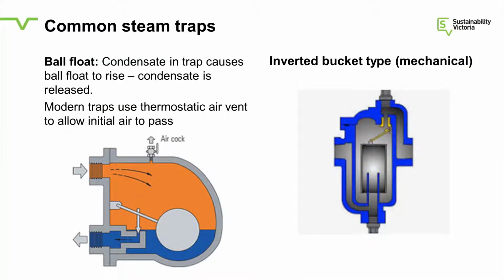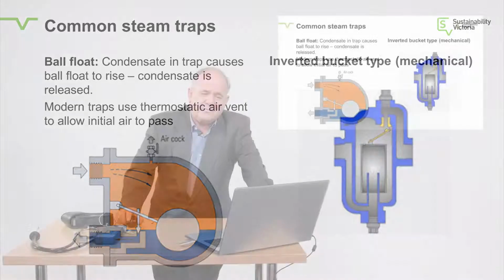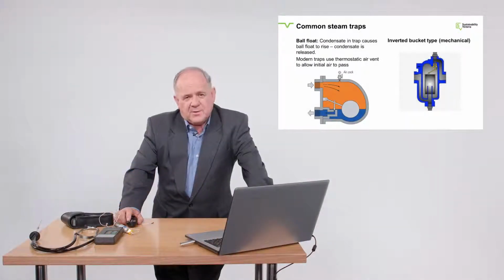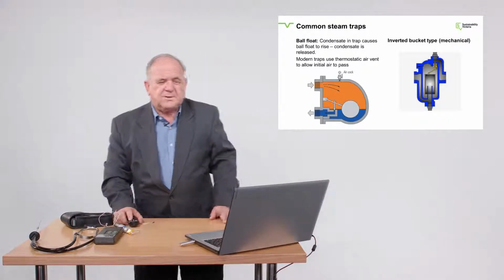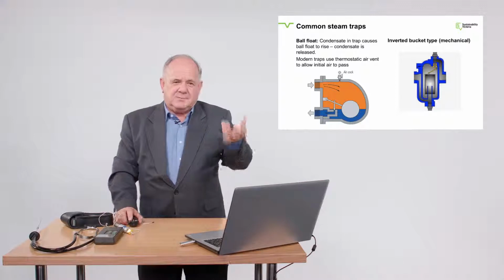I won't go into a lot of detail about traps, but just very briefly, there are 4 different sorts of traps. The first ones are the common float type traps, and they're either a ball float or an inverted bucket trap. They work on buoyancy. Basically, the ball float is not much different from a toilet cistern ball.